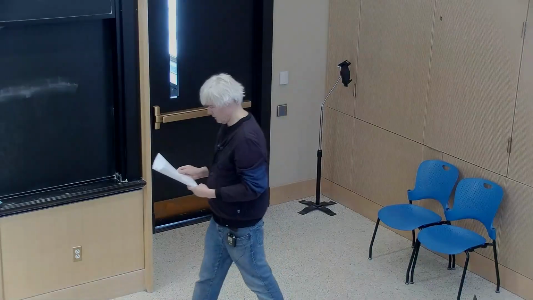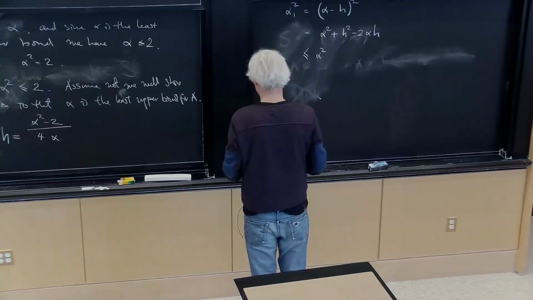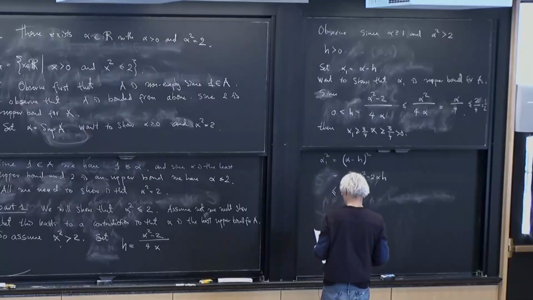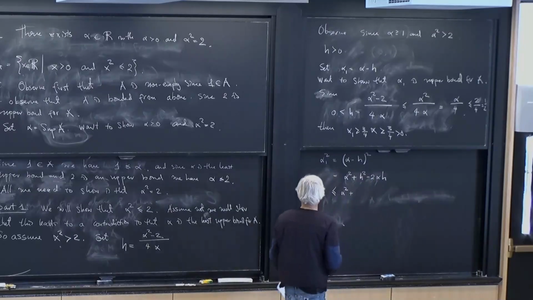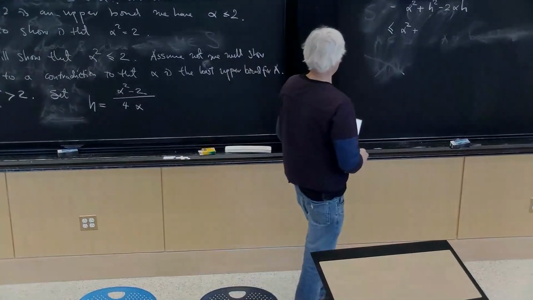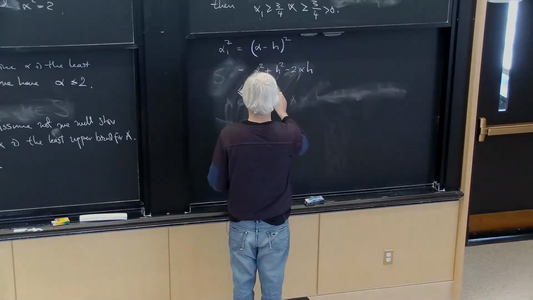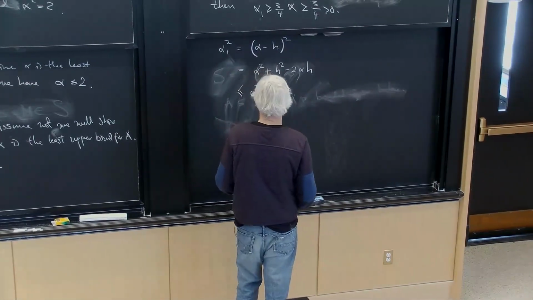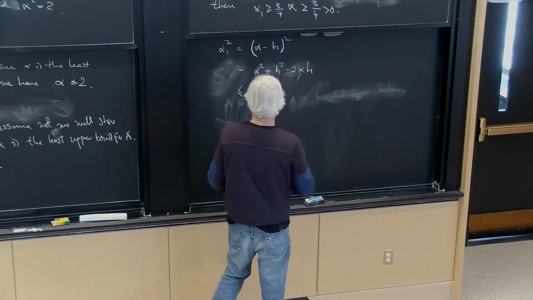So now I have that this thing is less than alpha squared plus, I just use that it's less than this thing here. I think it's fine to just use h. I could use h over 2. Maybe I'll use h over 2.